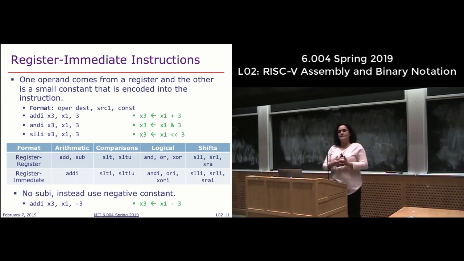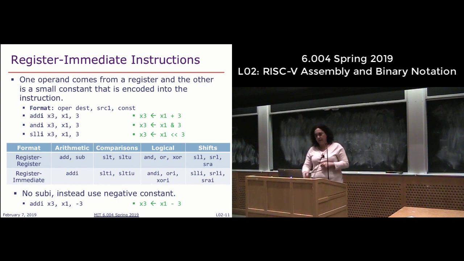And so it's so common that we actually make special instructions for this, so that instead of having to load these small constants into a register and then operate on two registers, we actually have operations which can deal with one register and a small constant which is encoded into the instruction itself. And so what does that look like?